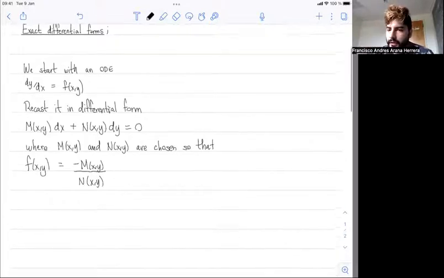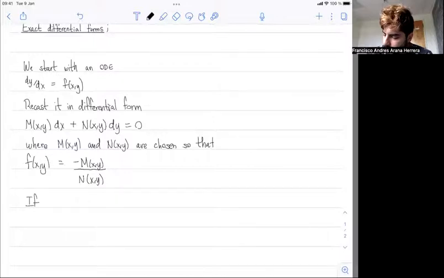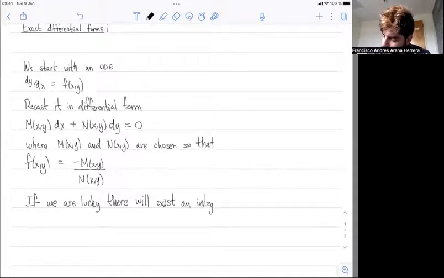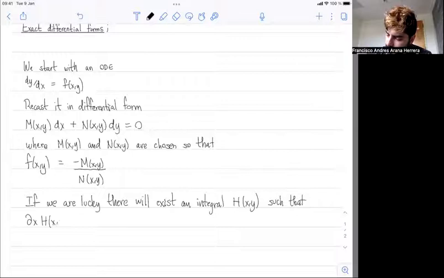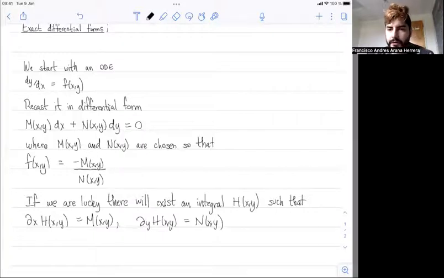What we said is that if we are lucky, there will exist an integral h(x,y) such that the partial x of h(x,y) is M(x,y) and the partial y of h(x,y) is N(x,y). So this is exactly the definition of being an integral.